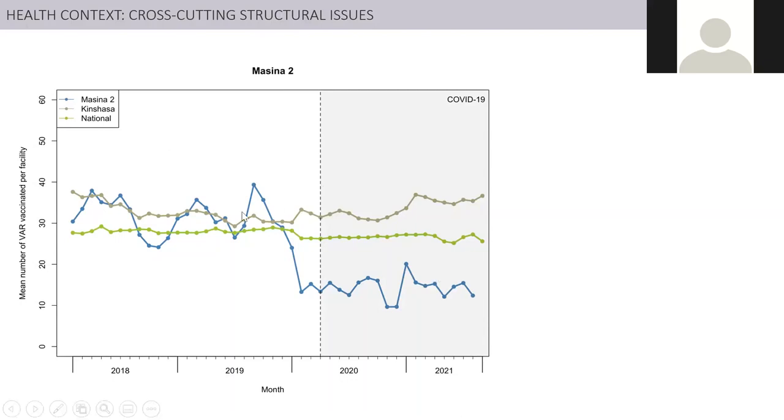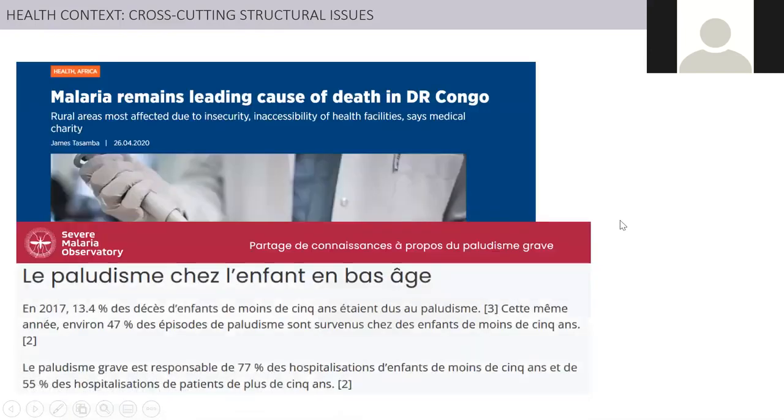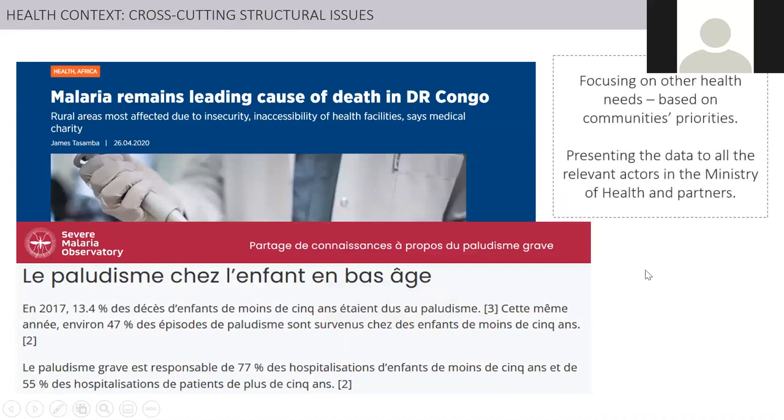Here you're looking at the number of measles vaccines per health facility in a health zone of Kinshasa, and you can see this dramatic drop from the end of 2019. And again, more articles about how malaria remains the leading cause of death in DRC Congo, even during COVID.